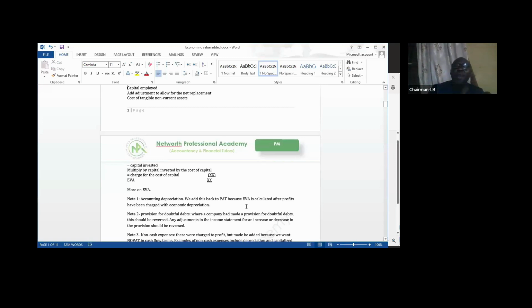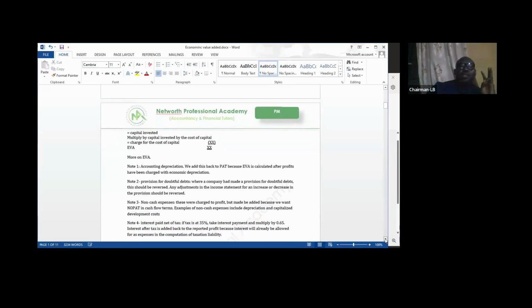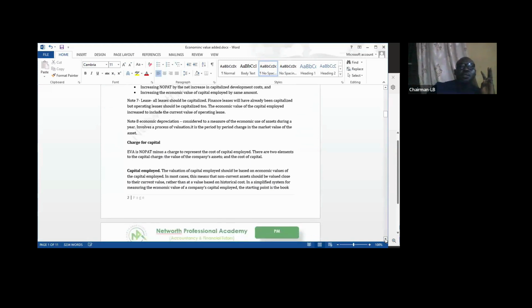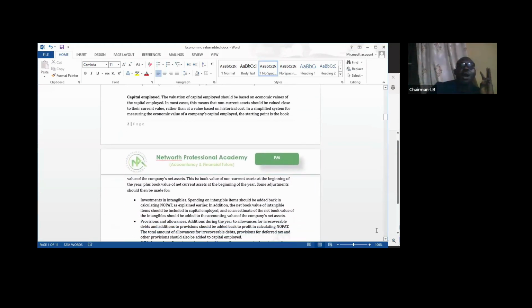The adjustment to your capital employed, like I said, we have several adjustments. Investment in intangibles.